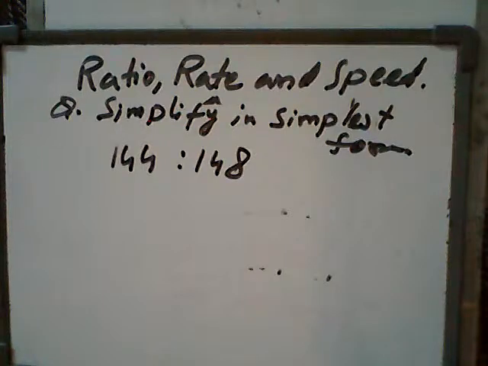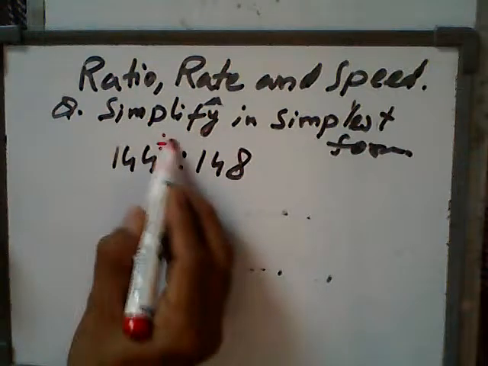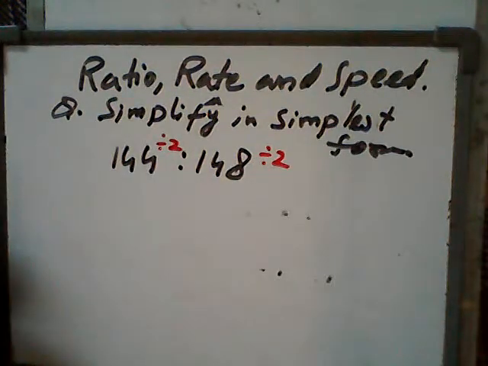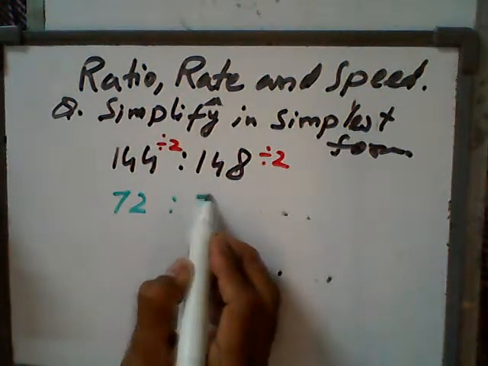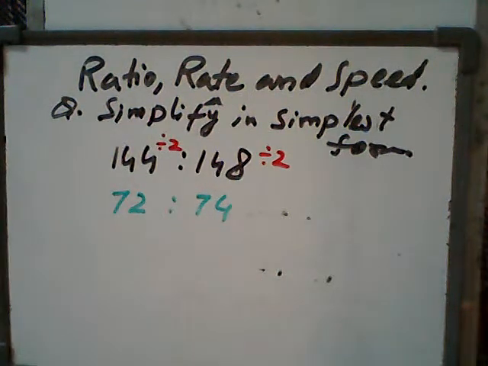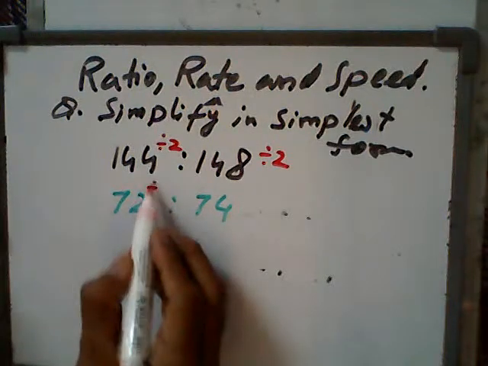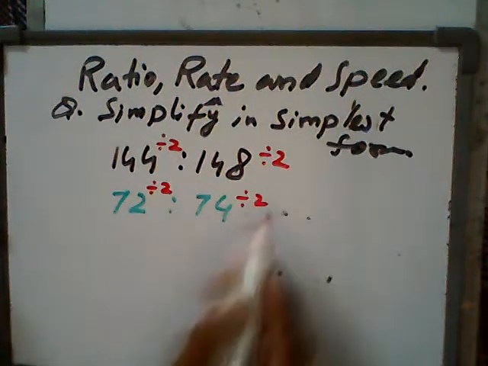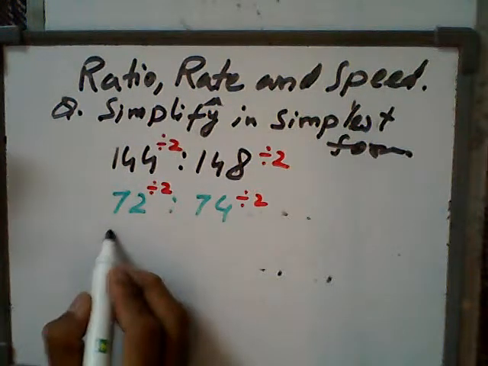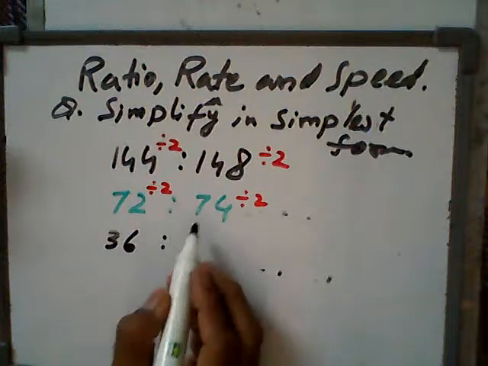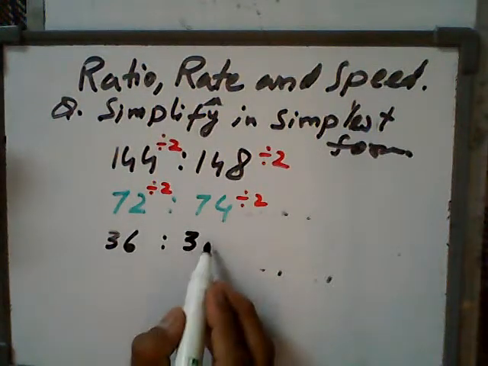So we are looking for those numbers which could simplify both of them. It is divisible by 2 and divisible by 2, so we could divide it in the table of 2. So it becomes 72 and 74. Now we could simplify it further. Both can be divided by 2, so it becomes 36 and 37.